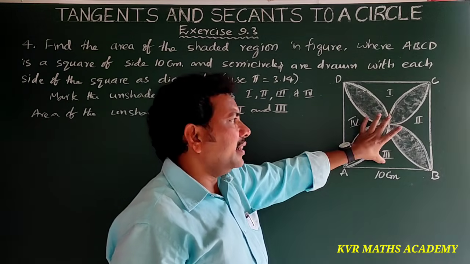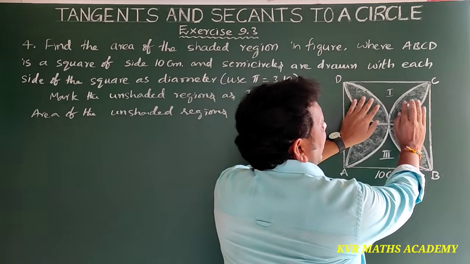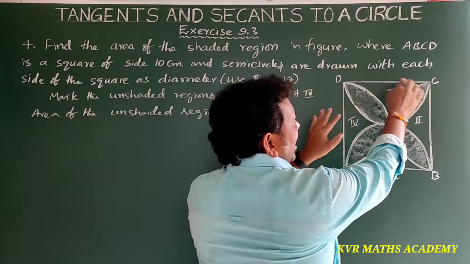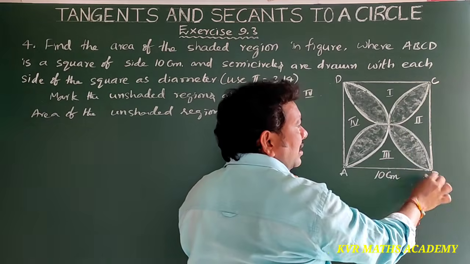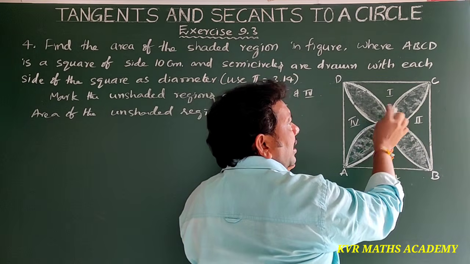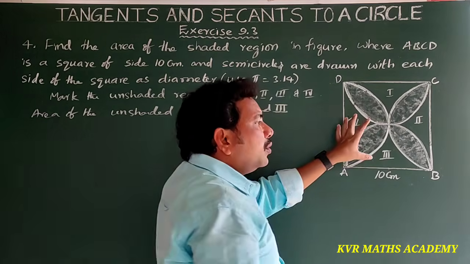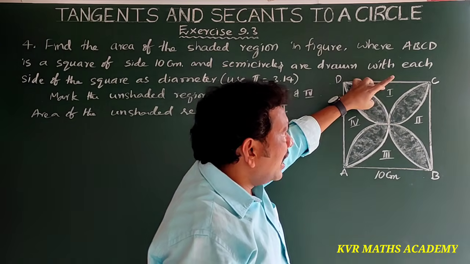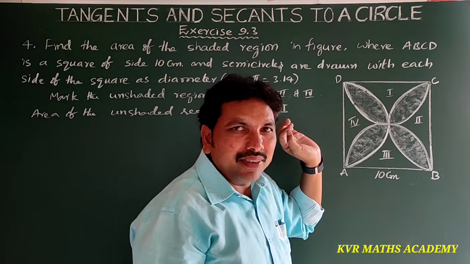Here 1 and 3 means area of the square minus 2 into area of the semicircle, isn't it? Area of the square minus, this is one semicircle and this is another semicircle, no? If you subtract 2 into area of the semicircles from the area of the square, then you can get the area of unshaded portions 1 and 3, isn't it?